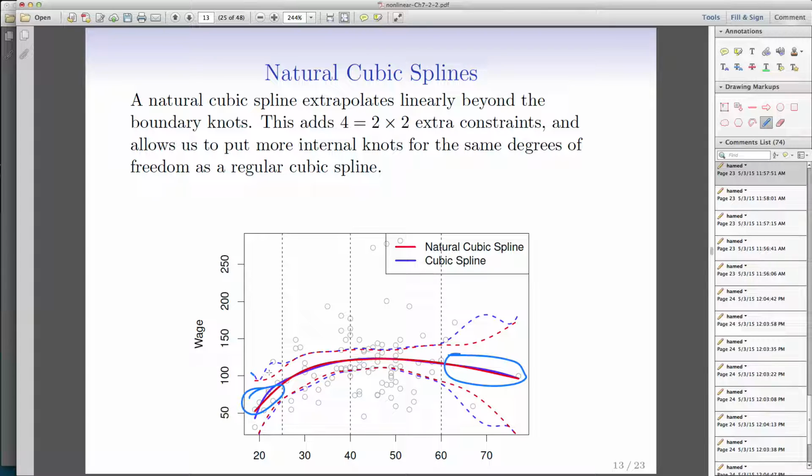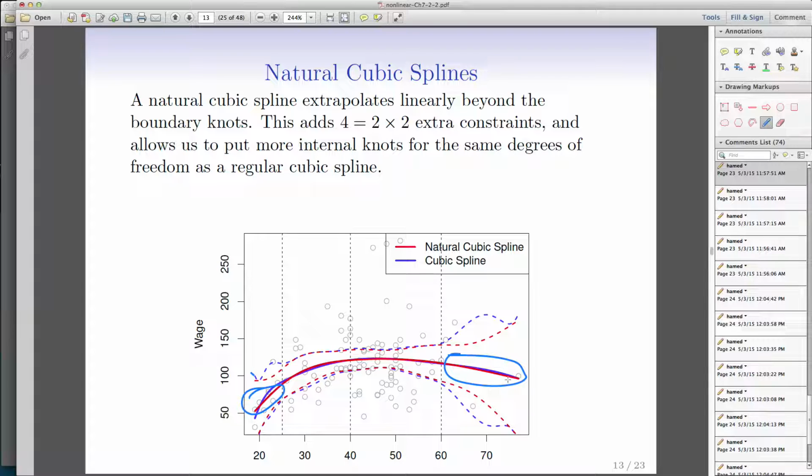They're of course better than a polynomial of degree 4 or degree 5, but still not the best thing we have there. So by forcing the tails to become linear, we make sure we will have smaller or narrower confidence intervals at the end.